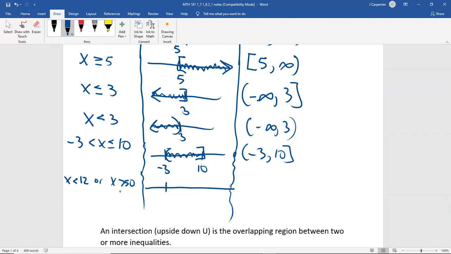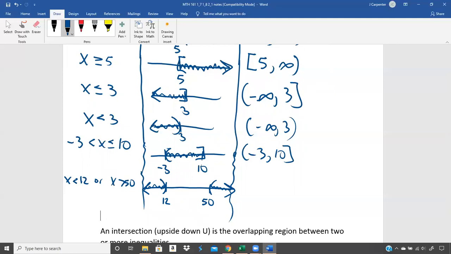So the numbers I need up here are 12 and 50. The first one says x is less than 12, which says this is our solution going left. The other one says x is bigger than 50, so this is the solution with an arrow going right. Both of them have parentheses because neither had an or equals.